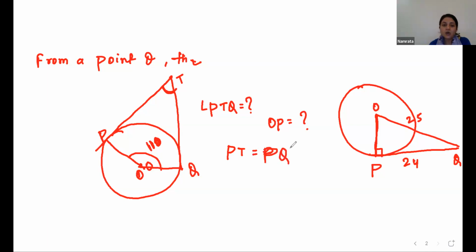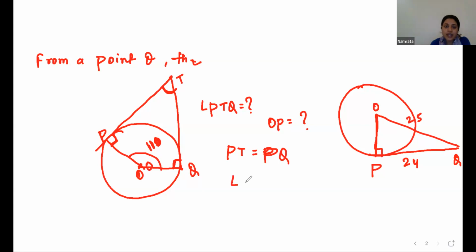All right. Now, if we focus on this one, can we say a line drawn through the radius, like radius OP on the tangent PT, will be perpendicular to PT? Can we say both of them will be perpendicular?